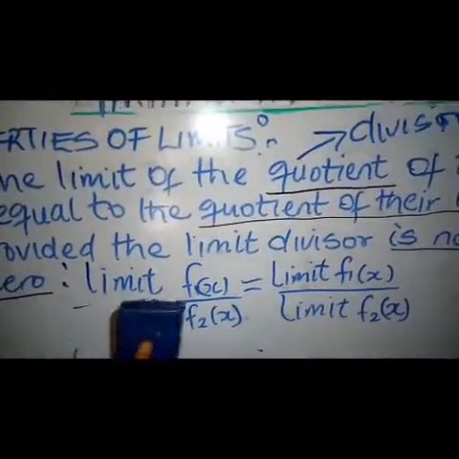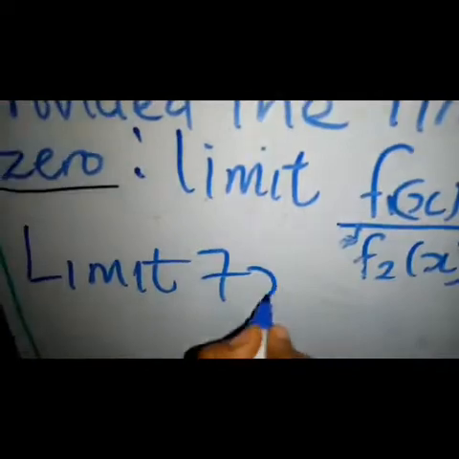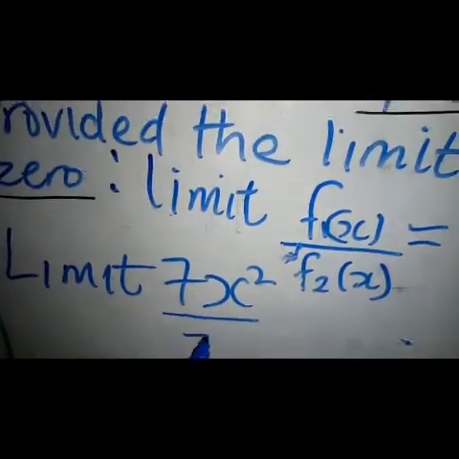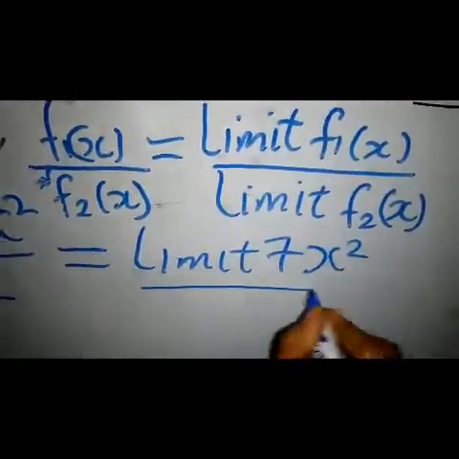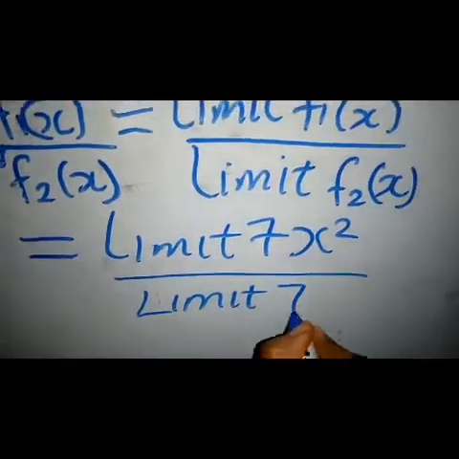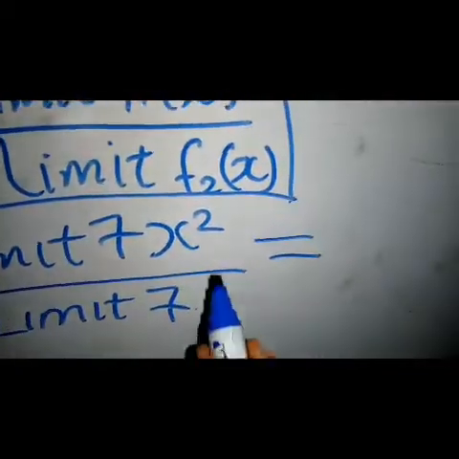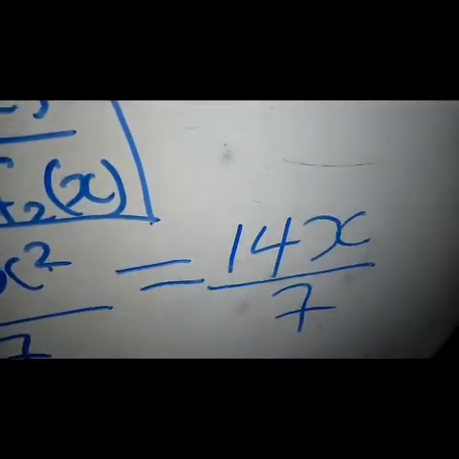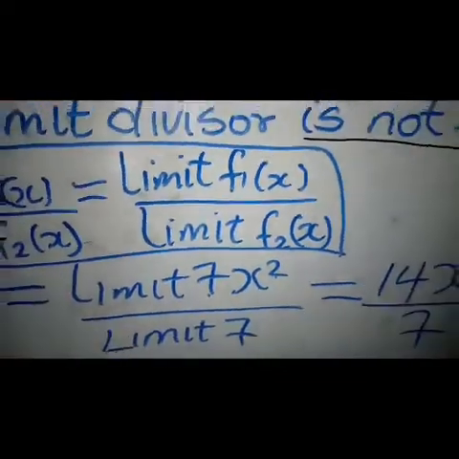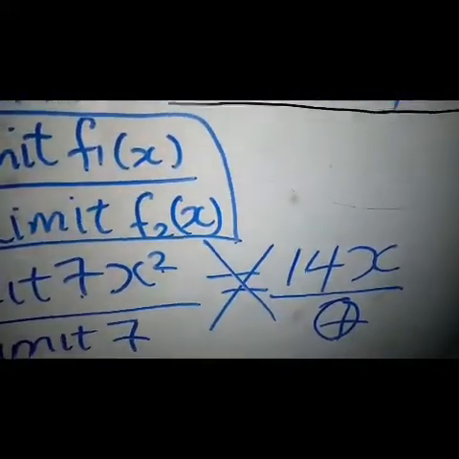Let's give an example. For example, the limit of 7x squared over 7. It will be the limit of 7x squared over the limit of 7, following this formula. So the limit of 7x squared, following the previous example, is 2 times 7, that is 14x, all over the limit of 7, which is still 7. But assuming the limit of the divisor gives us 0, that means this rule is not applied.